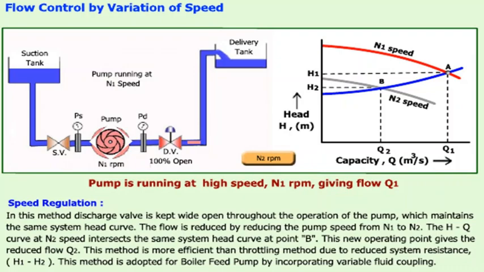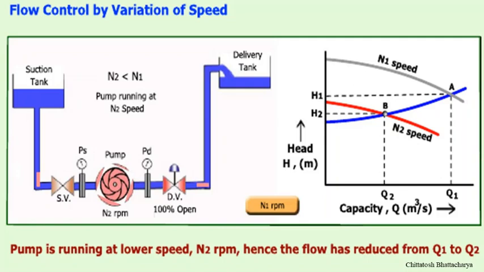So naturally with valve wide open we are getting a reduced flow from Q1 to Q2 without any excess head utilization. So head requirement with the speed has also reduced. So as the RPM reduced, head reduced, power consumption is also getting reduced. So that's why it is always better to have variable speed drive.